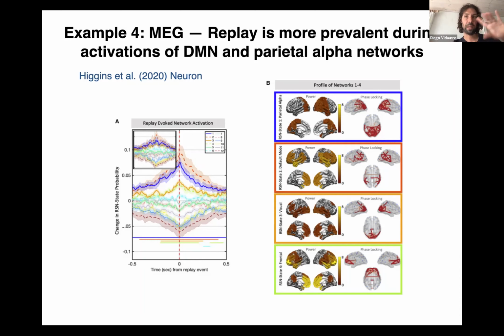We ran the same analysis as in the previous paper, ran the HMM, and found these DMN networks. But we also applied some methods that I will not describe to find when replay occurs spontaneously in the brain. The hypothesis was that these two things would tend to happen simultaneously, and that was the case. So we found that the DMN was sort of a facilitator of this replay.